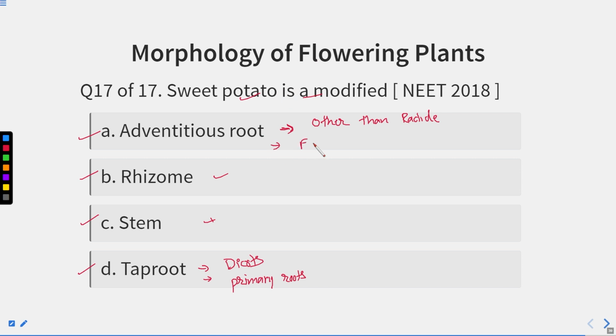The food is stored in the adventitious roots and they become swollen. So sweet potato is a modified adventitious root.